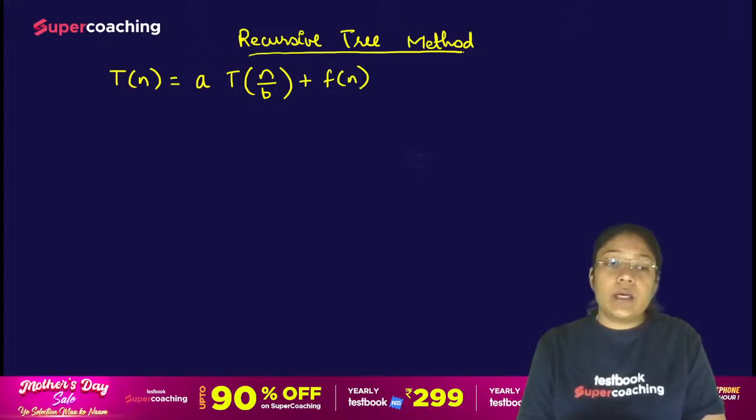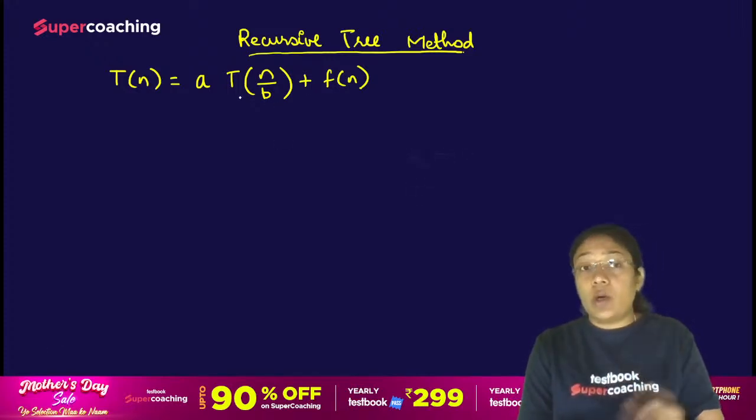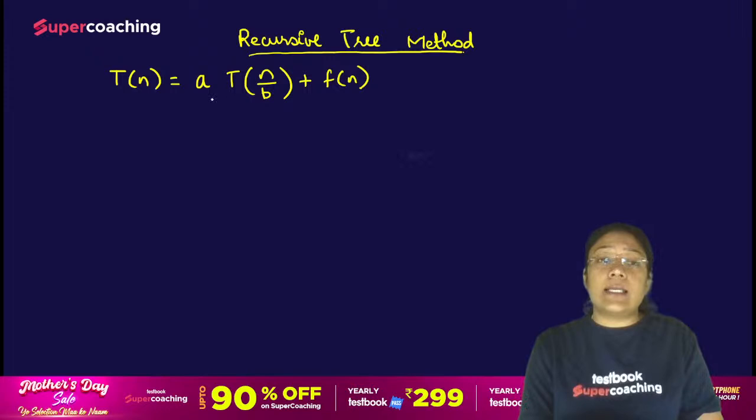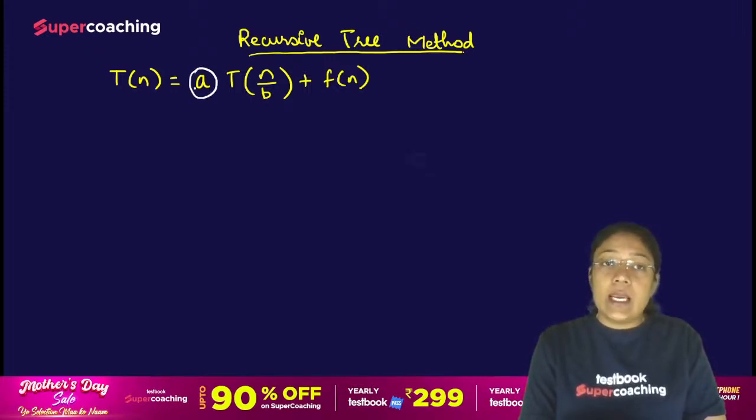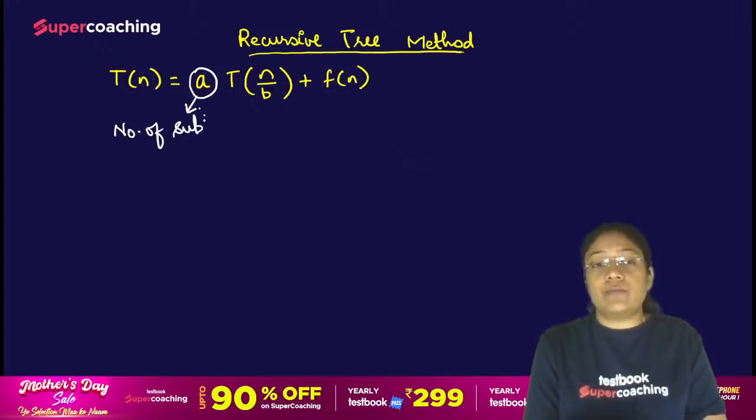मास्टर्स थ्योरम के लिए हम कंडीशन देख चुके हैं. बेसिकली व्हाट इज recurrence relation representing? A is representing the number of subproblems. This indicates that a problem is divided into how many subproblems.